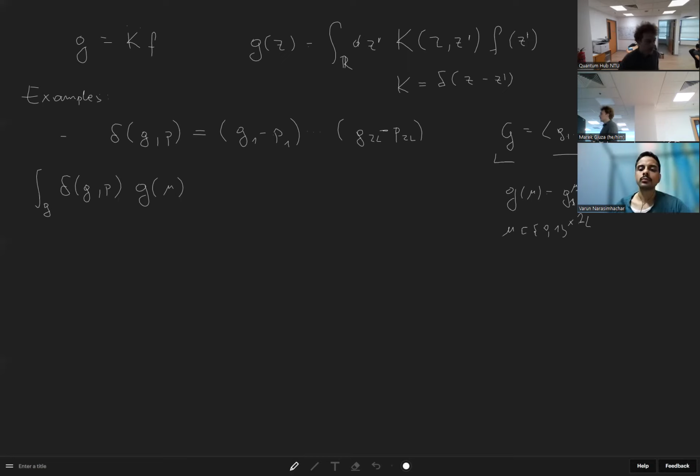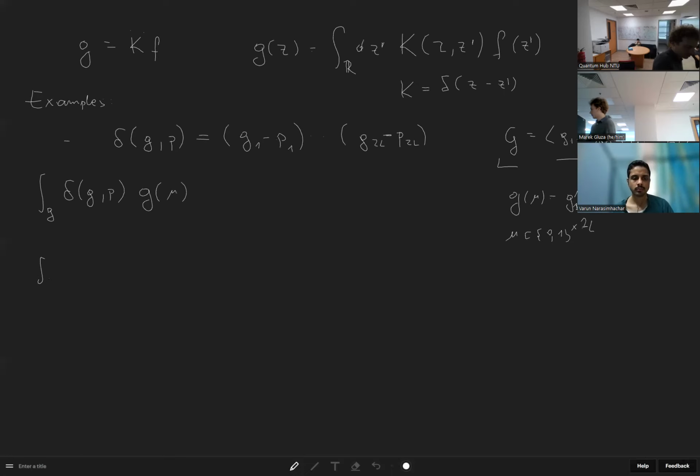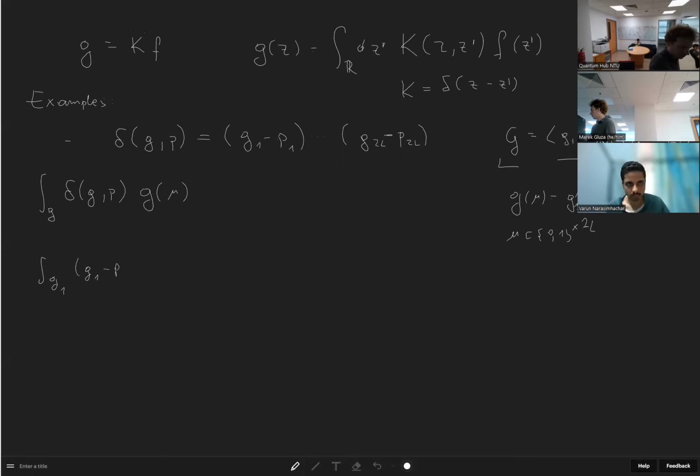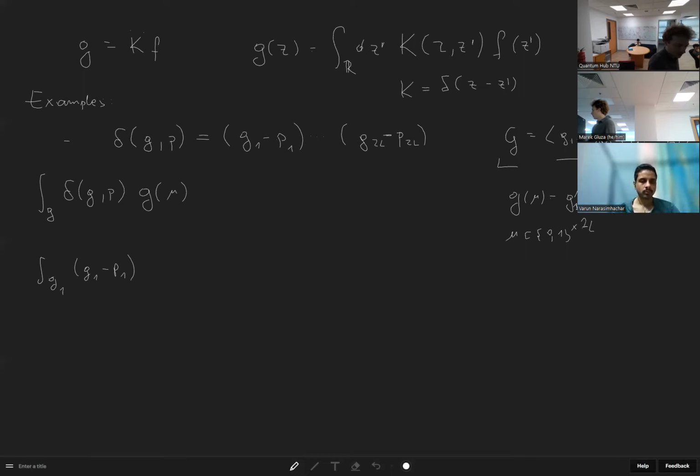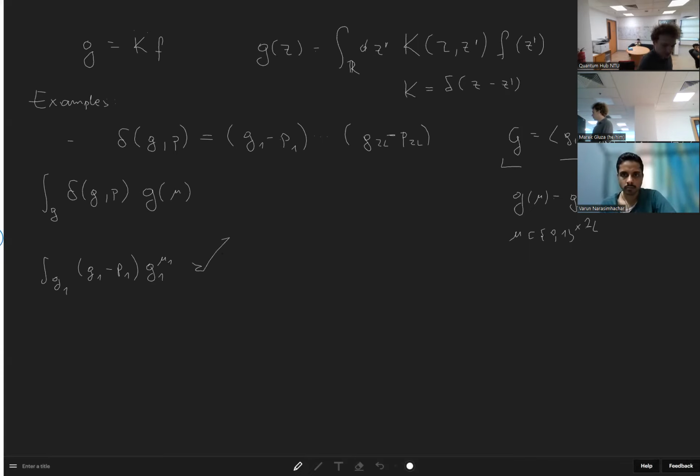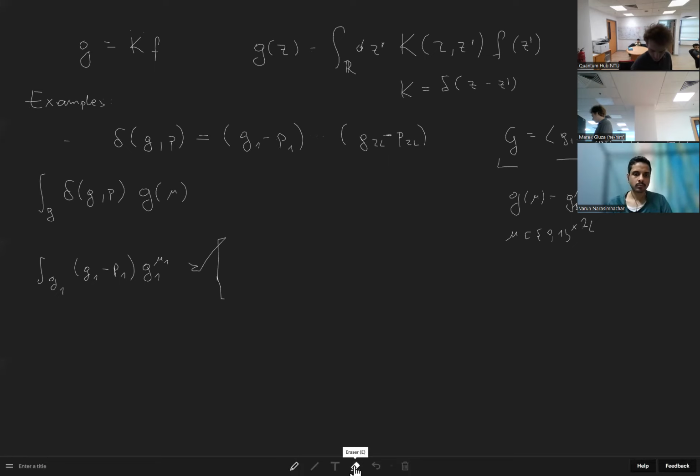Okay, so what's going on here is that maybe I will make a simpler computation. Let me integrate against G1. So just G1, and then I have (G1 minus P1), and then G1 to the mu 1. So what's going on? I have two cases.